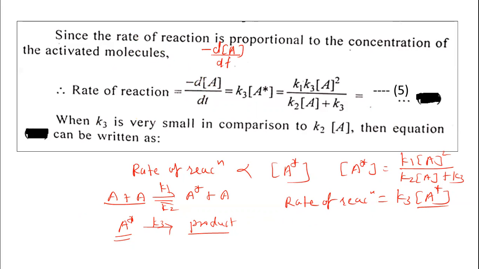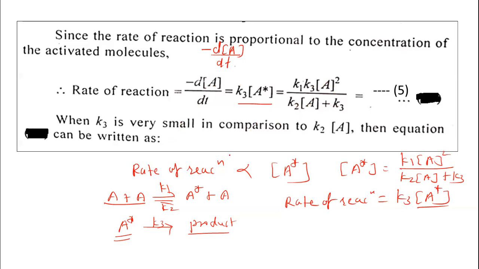Rate of change of concentration of the reactant A with respect to time is also the rate of the reaction. So it is equal to K3 into A star, which is equal to K1 into K3 into A square divided by this. So in this way we find out here the rate of the reaction.